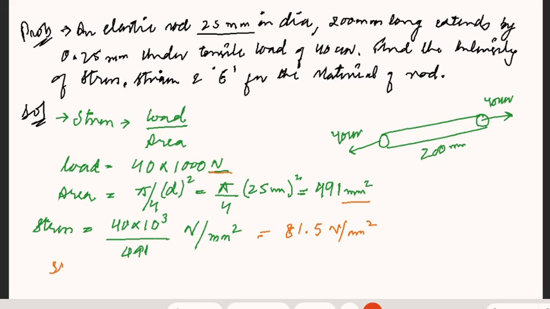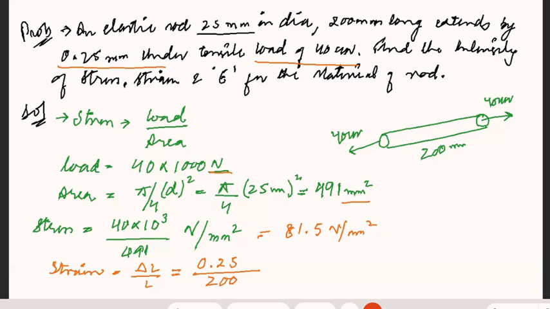And then you can similarly calculate your strain. What is the formula for calculating strain? It is change in length divided by its original length. If you go back to the given data, the rod is 25 dia, 200 long, and it extends by 0.25 under tensile load. That means the change in length is 0.25, and the total length is 200.